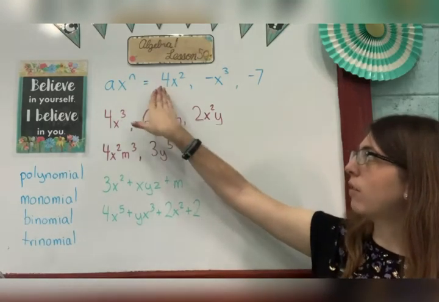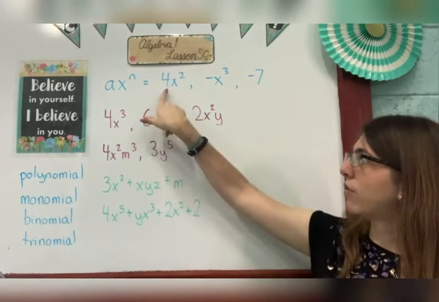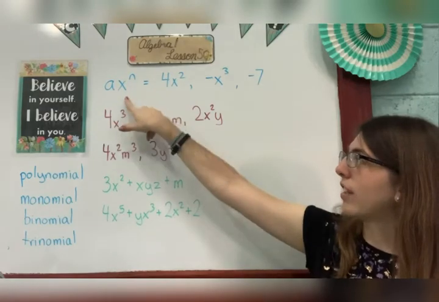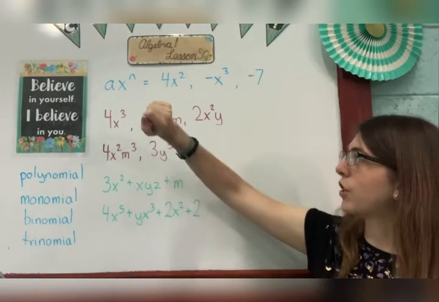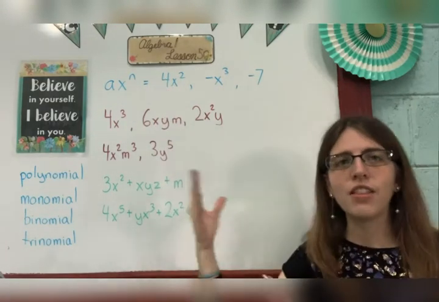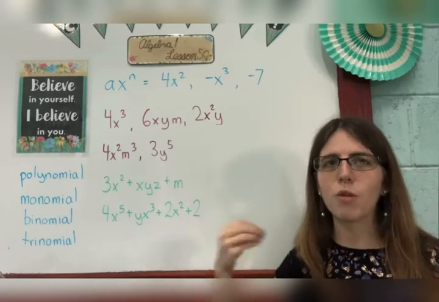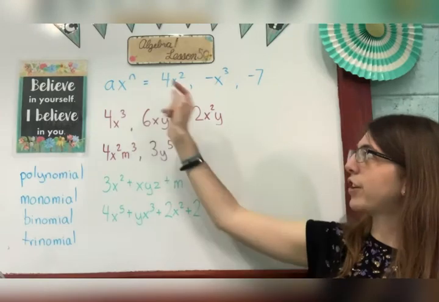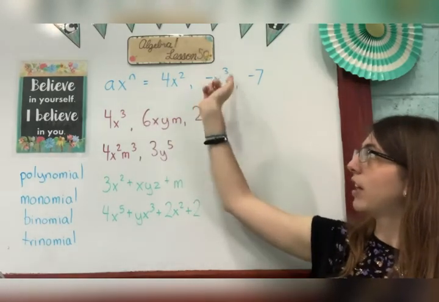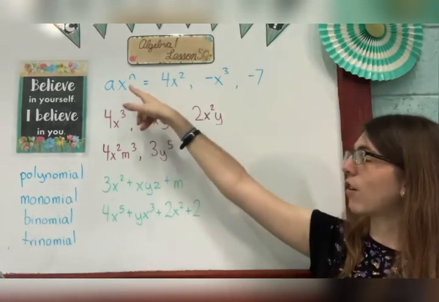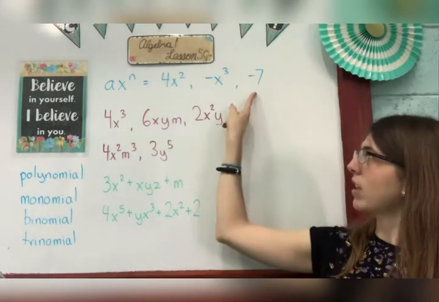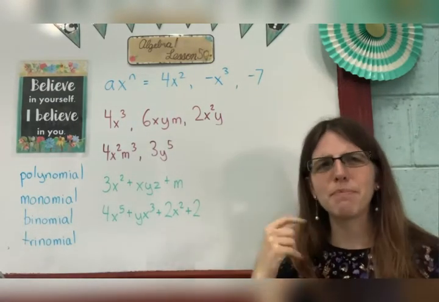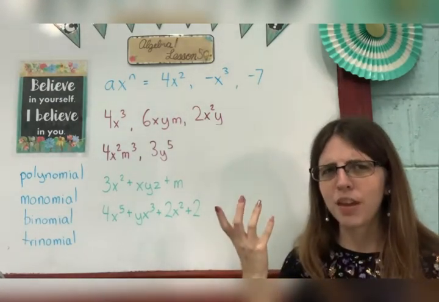So for example, 4x squared. 4 for A, x is your variable, 2 for your exponent, so that fits the polynomial form exactly. Here I have negative x cubed, so negative 1 for your A, x for your variable, 3 for your exponent, excuse me. Negative 7. Now you might think, but Miss Ashley, that doesn't have a variable.